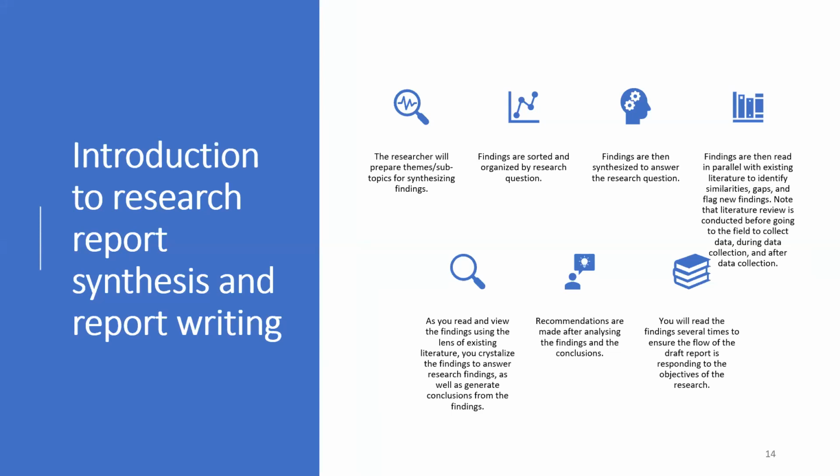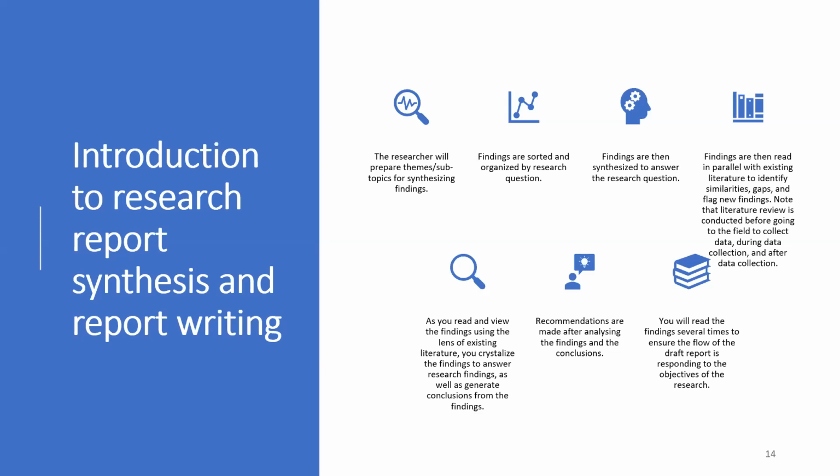Then findings are sorted and organized by research question. And it is easier if the researcher prepared the data collection tool, organizing them by objective, rather than just coming up with a list of questions. These findings are then synthesized to answer the research question.